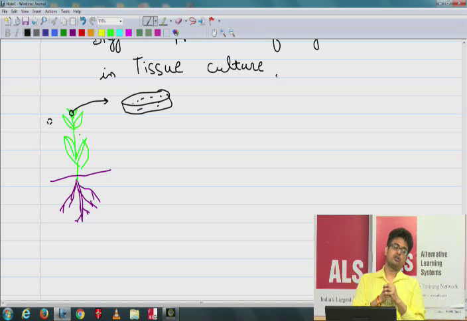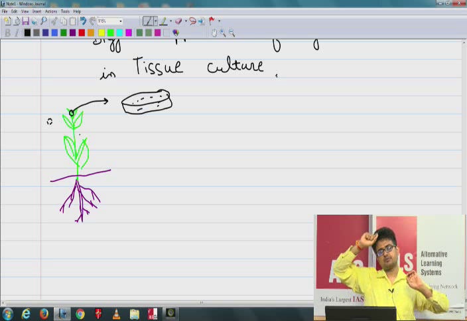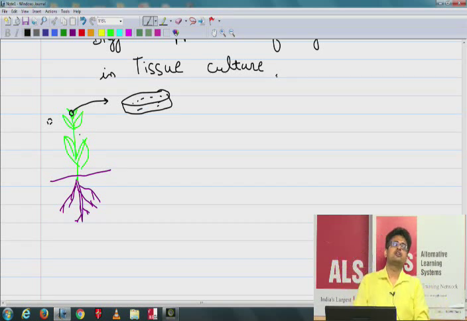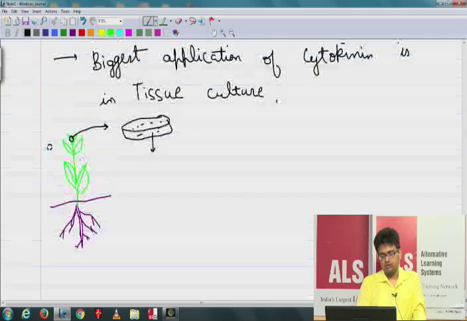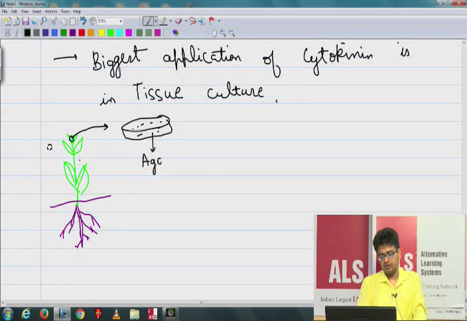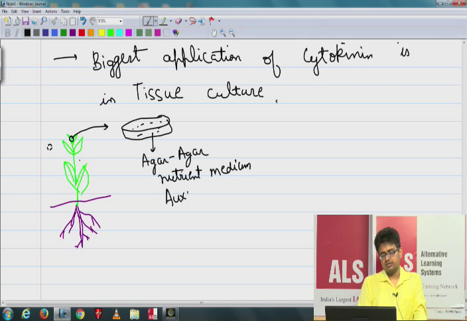So what we are going to do here, we are going to take a leaf cell. We can take a small leaf, take some cells out of it, and put it in a nutrient medium. And this agar-agar nutrient medium composition is agar-agar nutrient medium containing auxin and cytokinin.